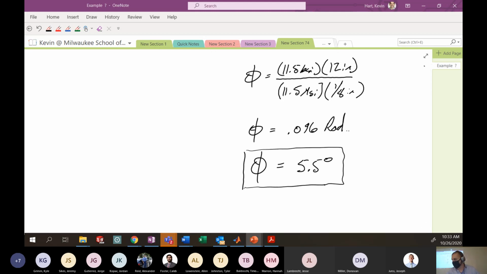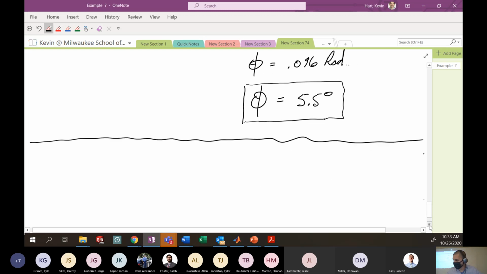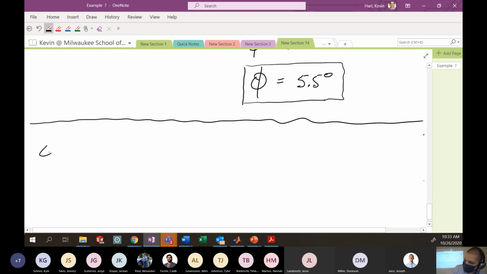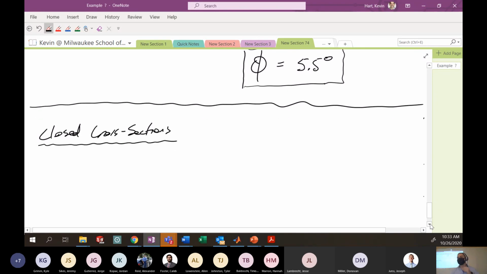All right, last thing we want to talk about is closed cross sections. And this will kind of finish up your thin-walled torsion notes. Okay, so again, thin-walled structure. So, you know, the thickness of the structure, much, much less than sort of the maximum dimension.